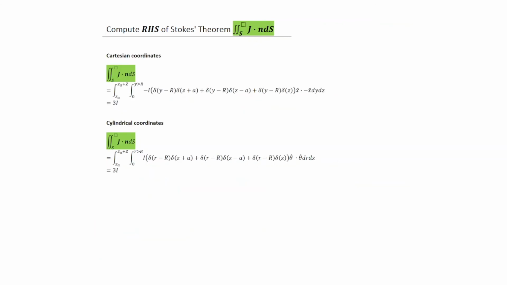All right, so next step is to put it together. So we now do the integral of J dot n ds between ZA and ZA plus Z. And Y will go from 0 to some value just greater than R, because beyond the filament there's no more contribution. We've encapsulated the whole properties of the filament.